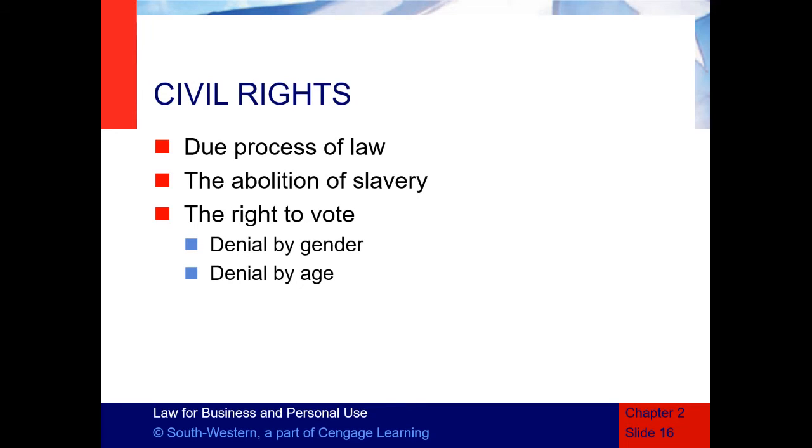So the issue of lowering the voting age to 18 was mostly based around the requirement that individuals aged 18 to 20 could potentially be required to go to war. In 1971, Amendment 26 was passed, and it gave the right to vote to all citizens age 18 and older.